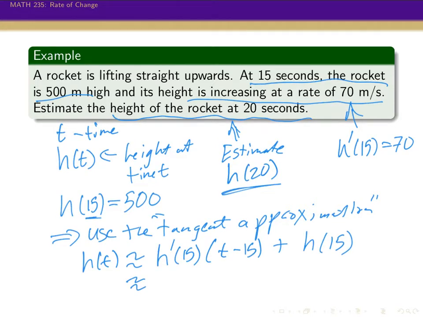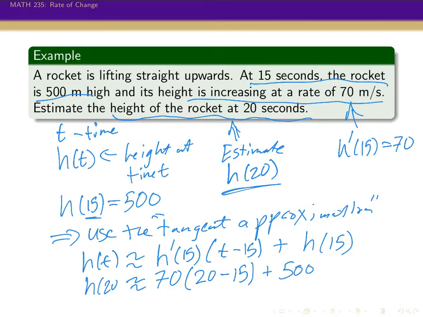So h prime of 15 is 70 times, we want to know what's happening at h of 20, so we're plugging 20 in for t, subtracting off 15, plus h of 15 is 500.